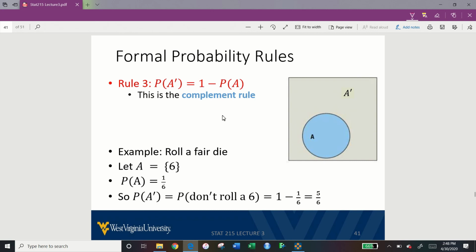Therefore, the probability of rolling a 6 is going to be 1 out of 6. Therefore, the complement, or the probability of A prime, equals the probability that we don't roll a 6. Using our rule, that's going to be 1 minus 1/6, which would equal 5/6.